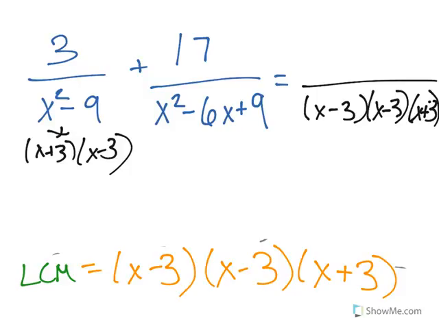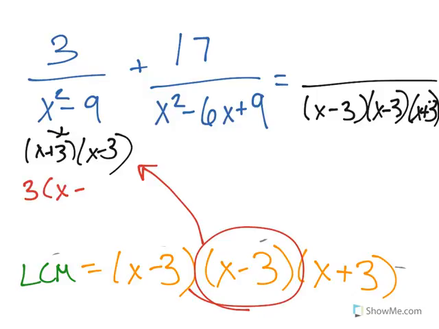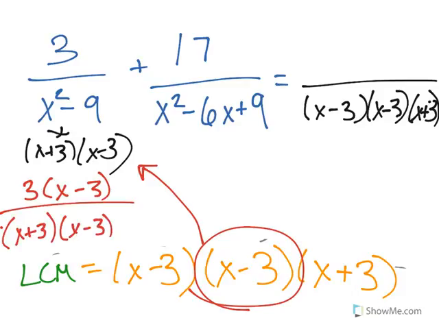So out of the LCM, we see that it is missing another x minus 3. So what we have to do is multiply the numerator and denominator by x minus 3. So 3 times x minus 3 over x plus 3 times x minus 3 times x minus 3.